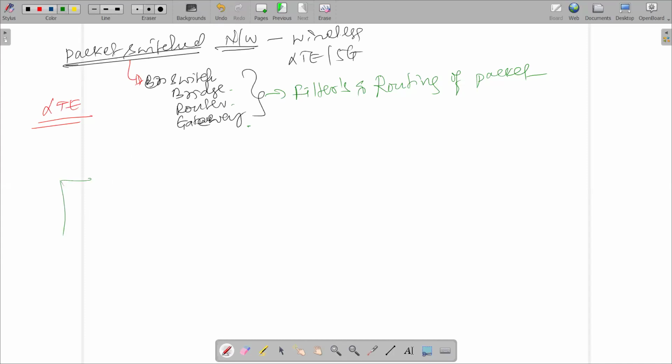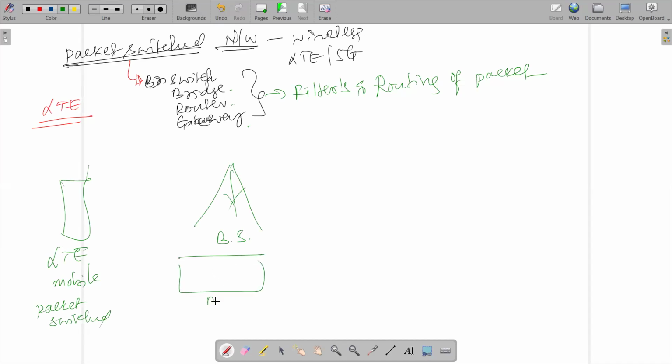So in LTE, this is my LTE mobile, which is a packet switch enabled mobile. Here it is my base station, with some bandwidth, maybe 5 megahertz or 10 megahertz or 20 megahertz, whatever it is.